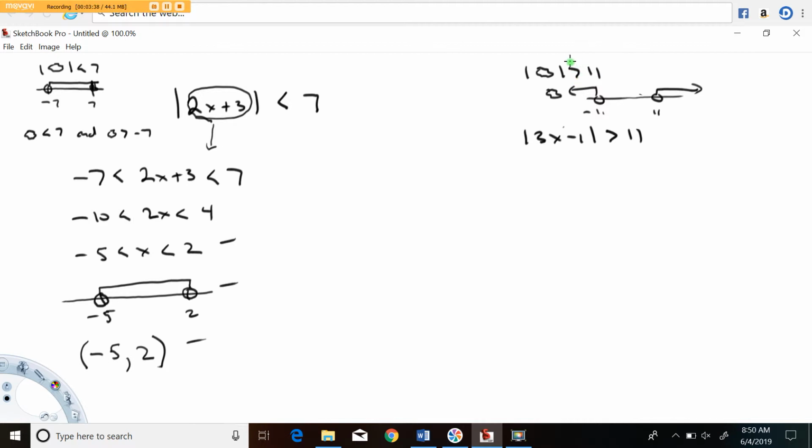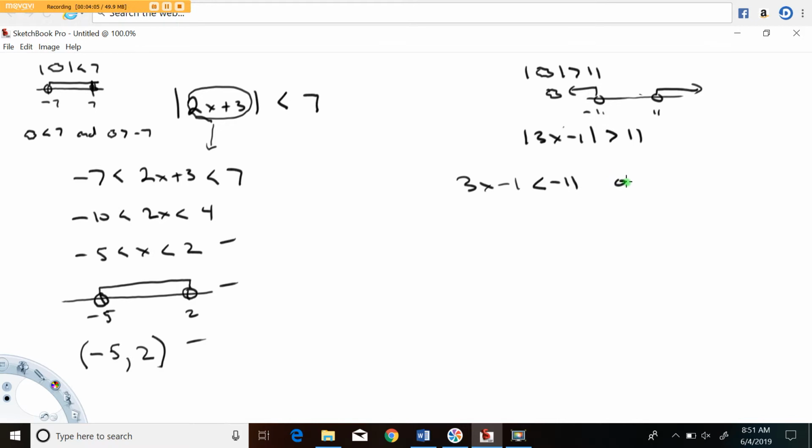So when you get these greater thans, you get like a pair of sets types of solutions. So what we're going to do is we're going to write a couple of different inequalities here. Let's talk about this one right here. For starters, the 3x minus 1 could be over here somewhere, meaning less than negative 11.